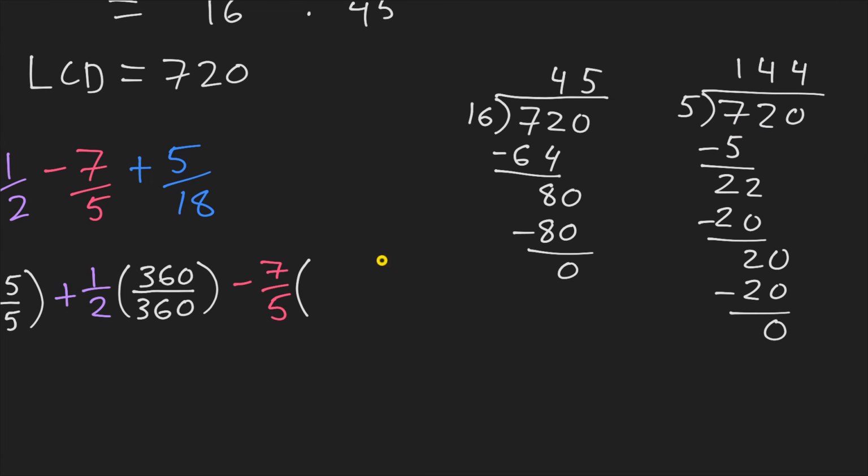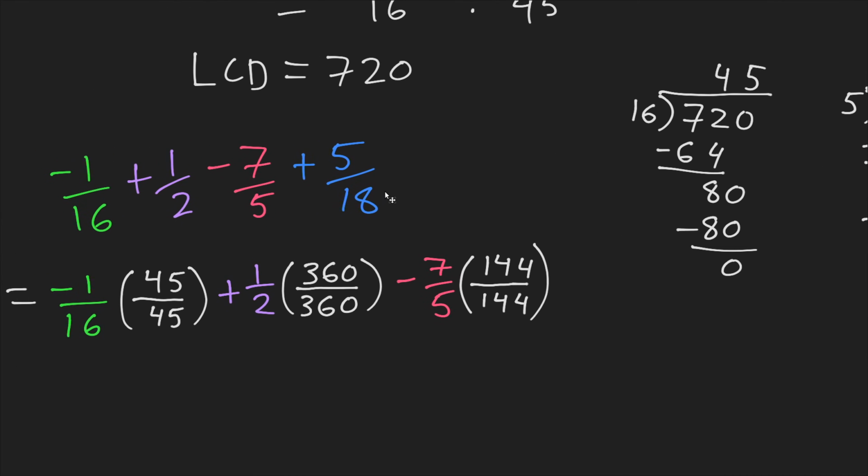So you're going to have to multiply the numerator and the denominator of this fraction by 144 in order to get an equivalent fraction that has a denominator of 720.